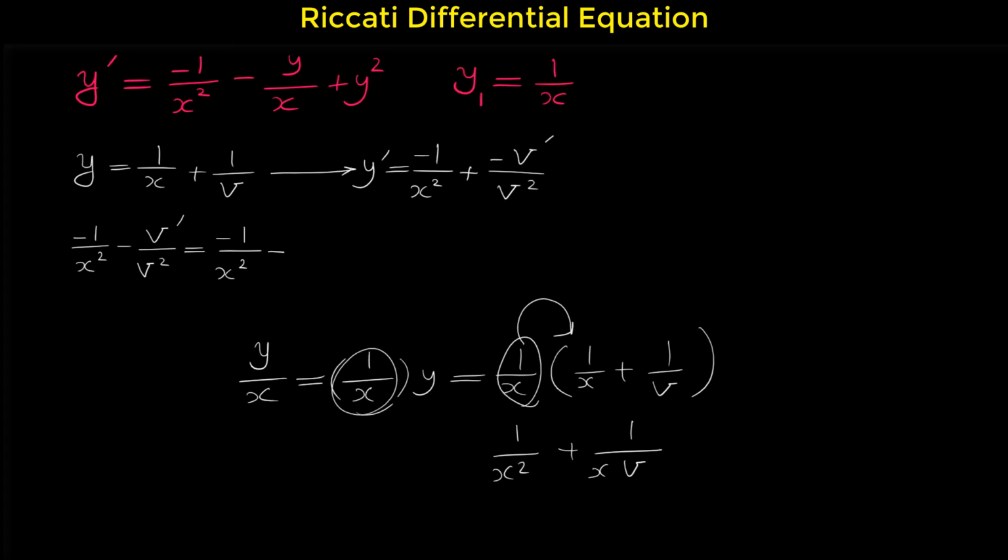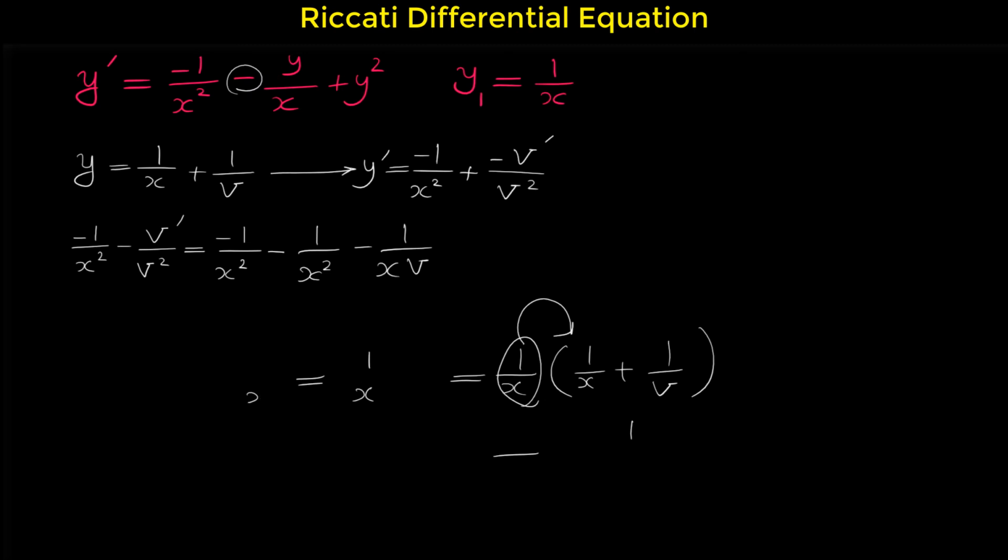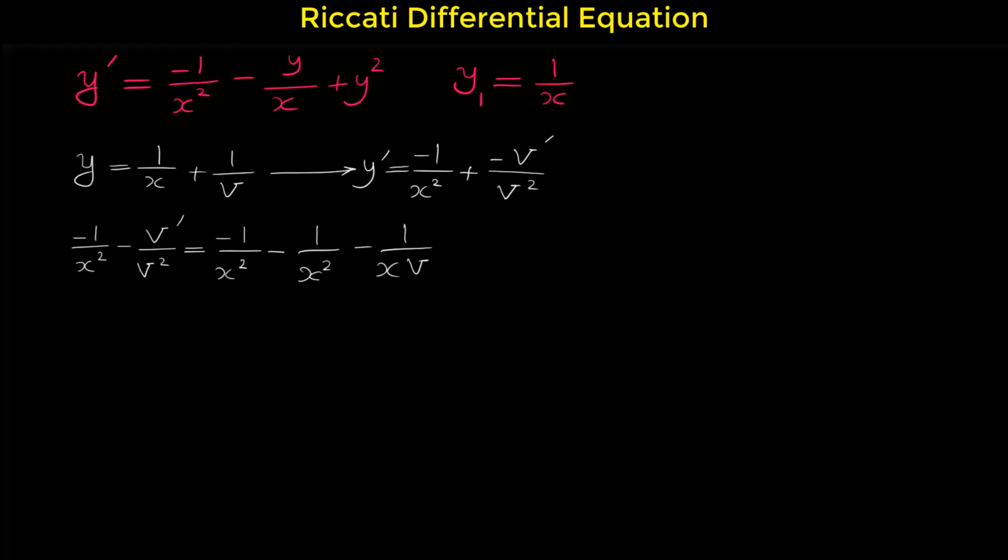So, minus this, so don't forget we have minus 1 over x squared minus 1 over xv. Let me clean here. Okay, plus y squared. We have to square this.